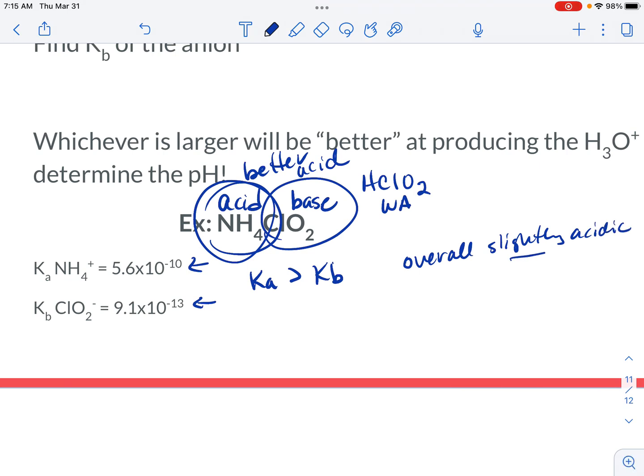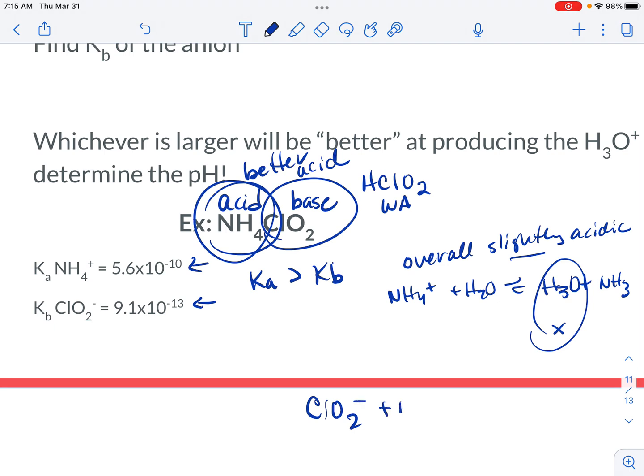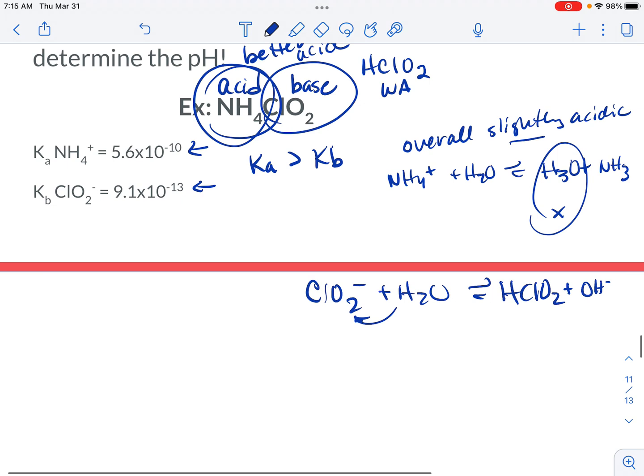And if you had to calculate the difference, you would need to use your ICE chart for ammonium in water and form the hydronium and the NH3. You would need to find the x, which is the hydronium. Then you would do the same thing with the chlorite in water and treat it as a base. It's going to form HClO2 when it accepts the hydrogen, leaving behind hydroxides, and you would find your hydroxide concentration at equilibrium from your ICE chart.